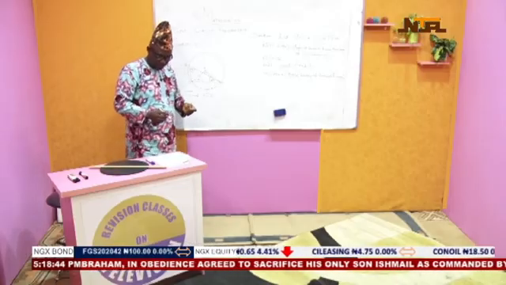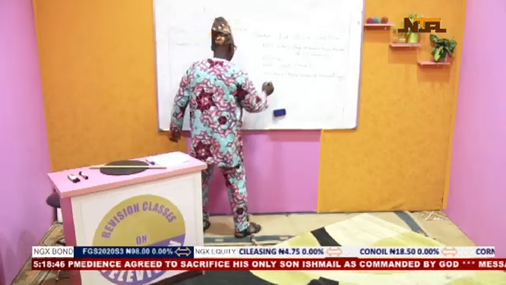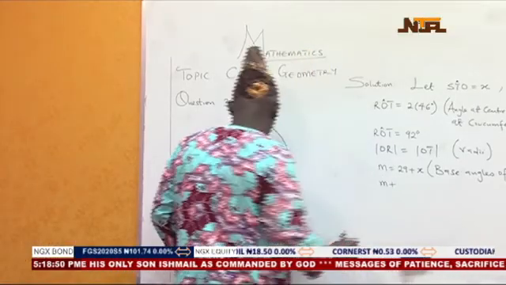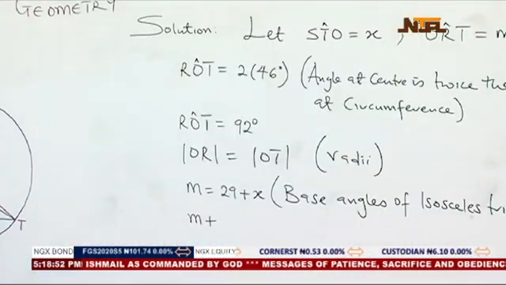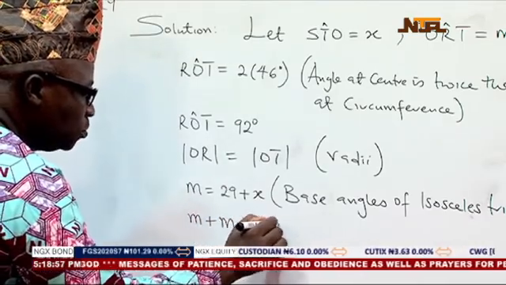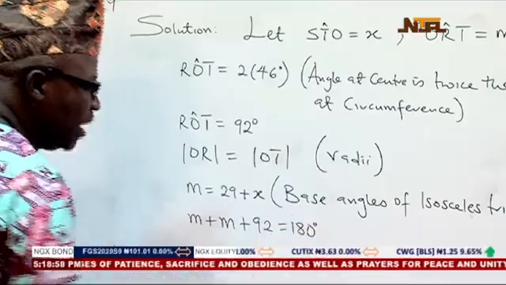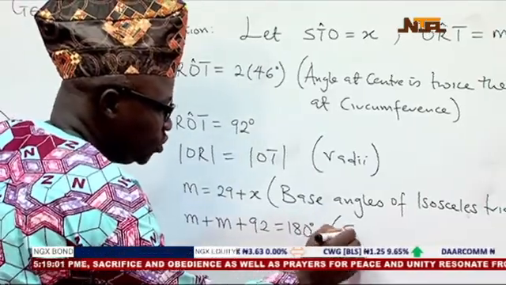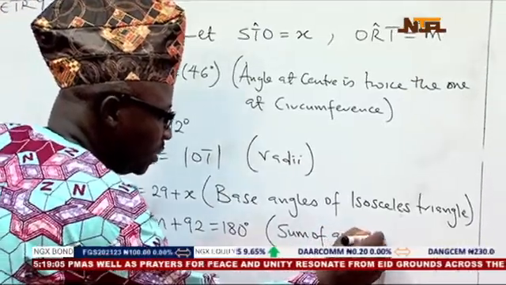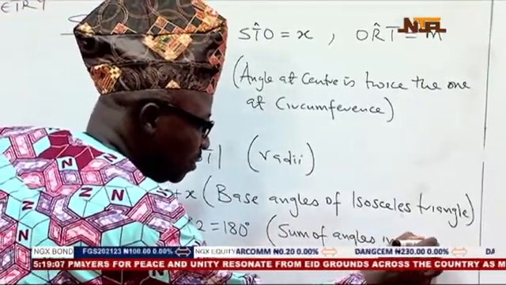M. So in that case, I can say angle M plus another angle M, then plus 92, all will be 180. That is the sum of angles in a triangle.